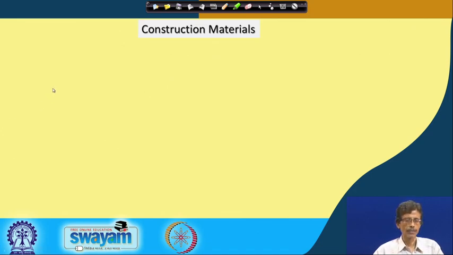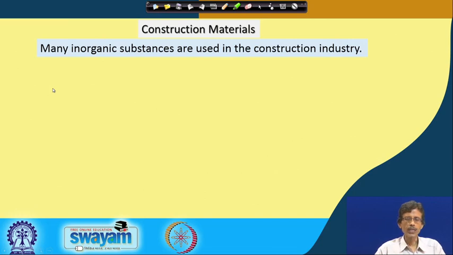What we use there, starting from filler material to brick material, cement material and plaster of Paris coating. So, a large number of inorganic compounds are involved, and many inorganic substances are used in the construction industry.